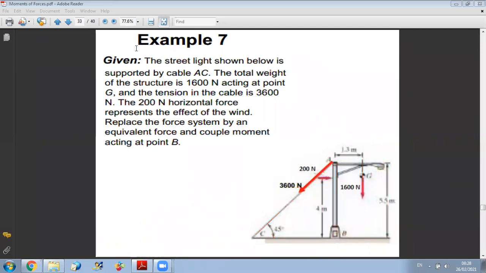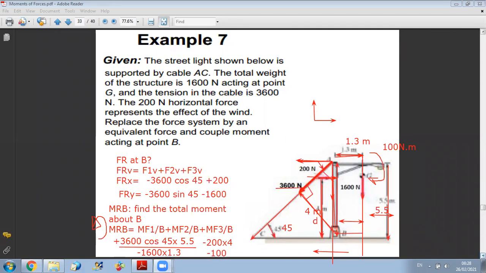So let us see together the details of this. Doctor, I didn't understand the last thing that we did just now by adding minus 100. Okay. Look, we said that a structure can be subjected to forces and couples. In the example they gave, they just consider force action on a structure. But also you can have a couple, a moment. If you have a moment acting on your structure, when you do sum of moment about any point, you should include the moment vector, because the moment is a free vector.